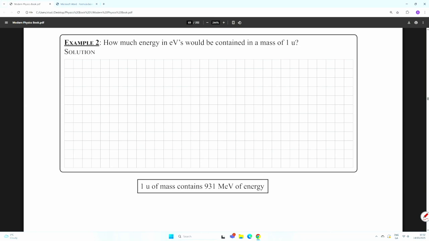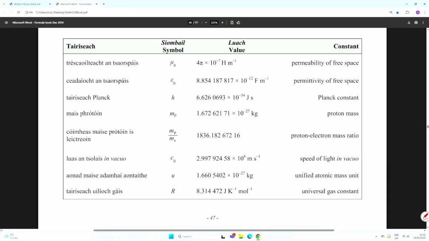All your constants are on pages 46 and 47 in your table book. So for example, there's the atomic mass unit, u, and there's the full number, 1.6605402 by 10 to the power of minus 27 kilograms. Sometimes we'll use the full number for real accuracy when we get down to the very small level of the nucleus.